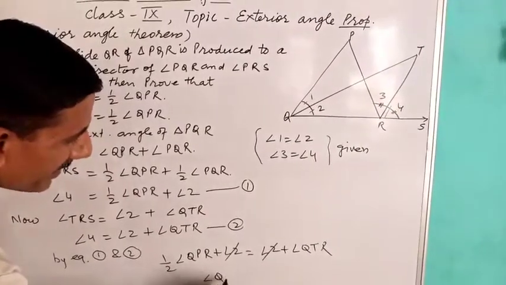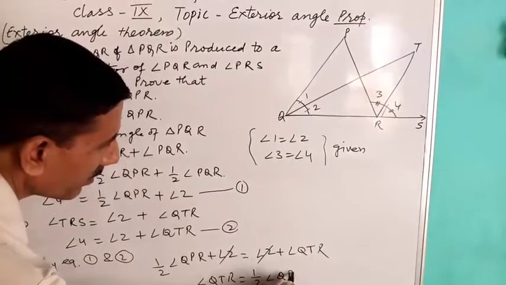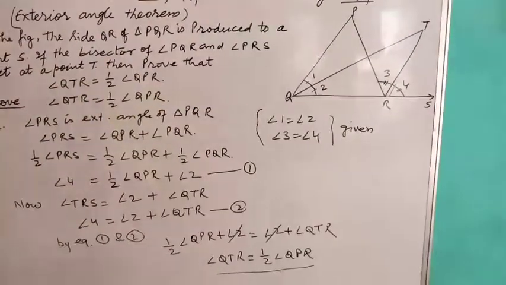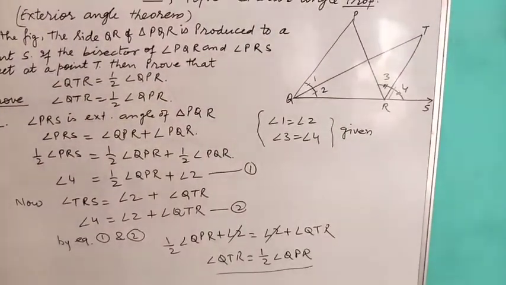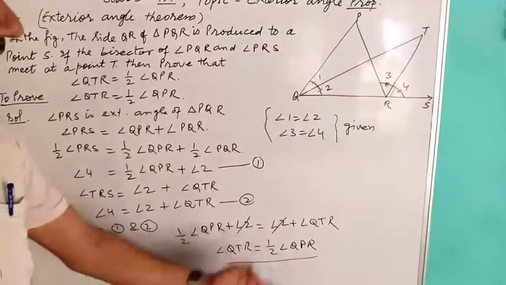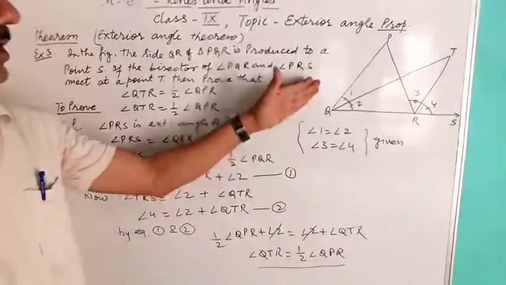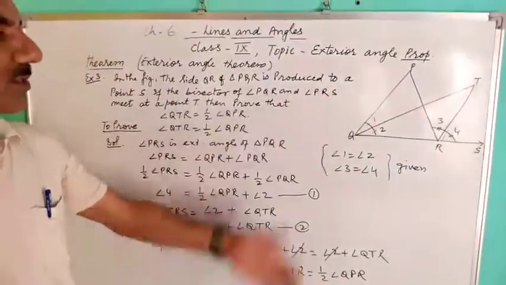The remaining will be: angle QTR is equal to half angle QPR, which is what we had to prove. So by this property, we have solved these questions easily.